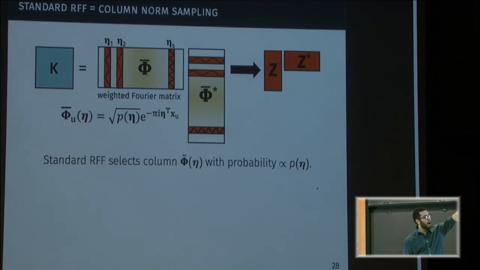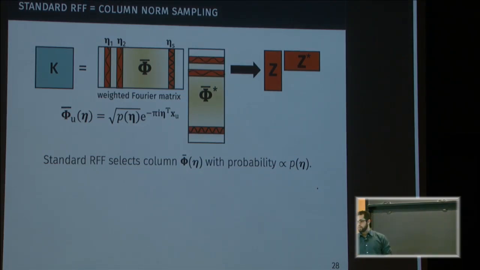That is exactly the column norm of the column in this factorization of the kernel matrix K. It's proportional to the squared column norm; I'll have some scaling factor depending on the number of data points n, but all the column norms will be proportional to P of eta.